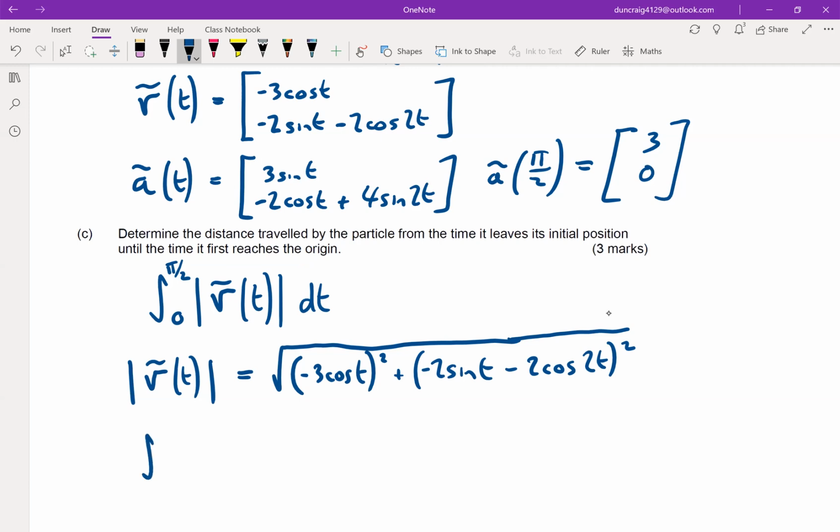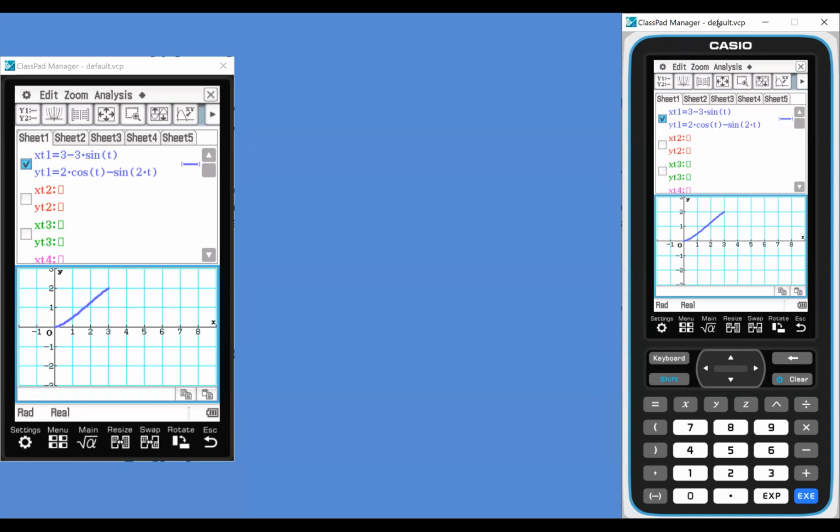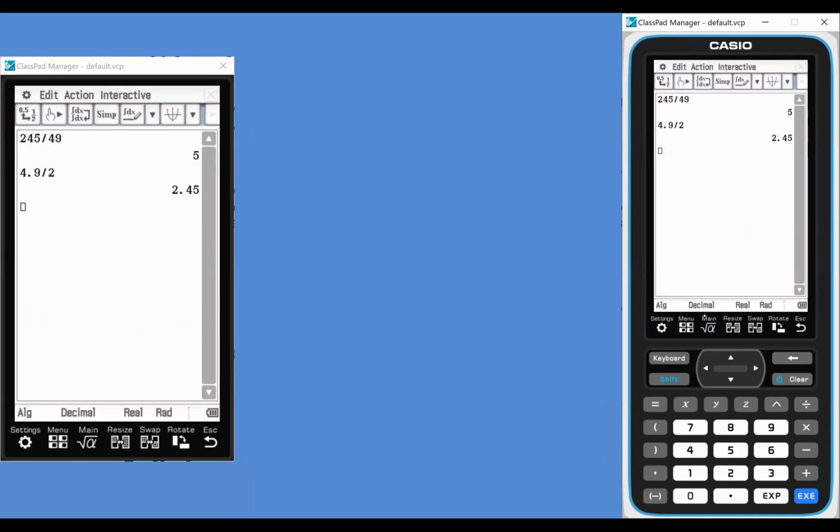Let's go ahead and do that on the ClassPad. I'm going to share my ClassPad screen here and put that in. I'm going to go to main and clear everything that I've got there.